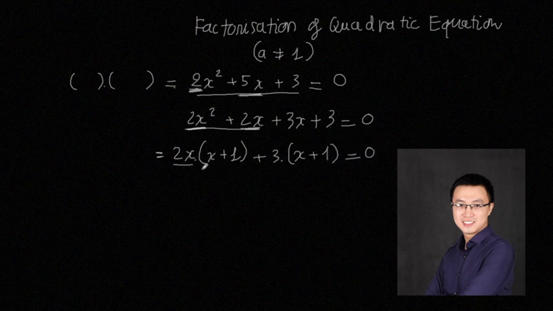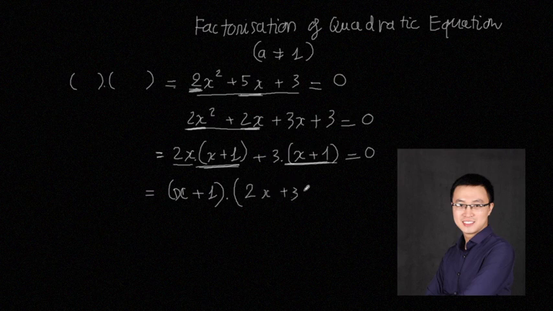After that, the common factor for both of them is x plus 1. So I take x plus 1 outside, and the second bracket inside is 2x plus 3, equal to 0. Because we have two factors multiplying to equal 0, we divide it into two cases: x plus 1 equal to 0, and the second option 2x plus 3 equal to 0.